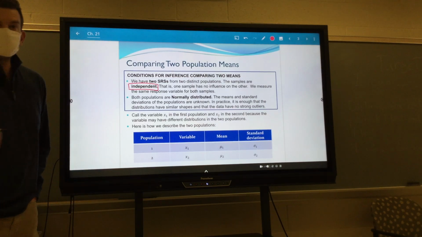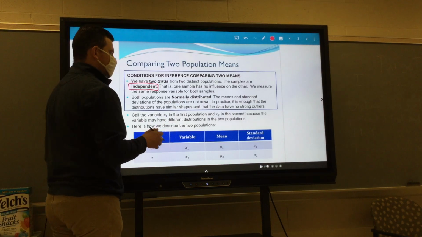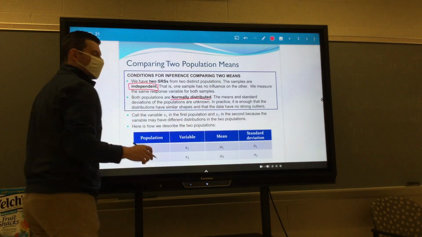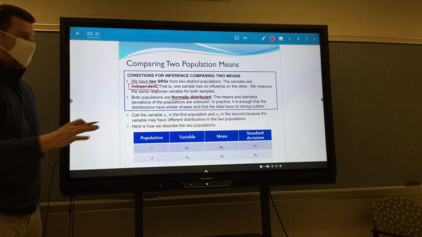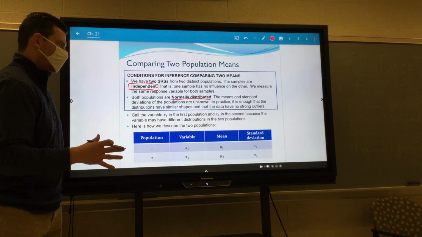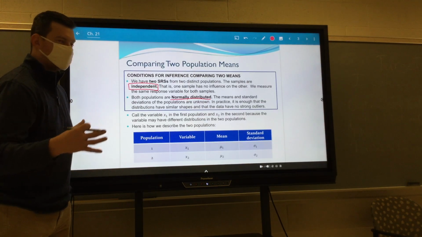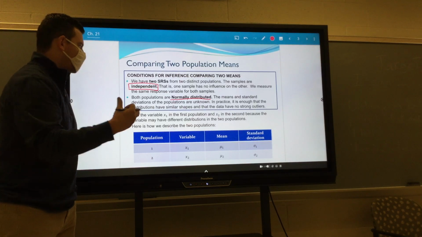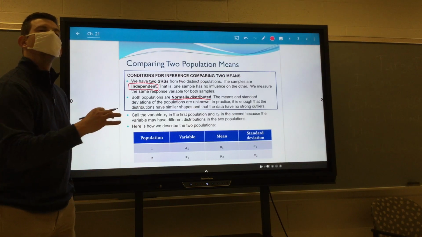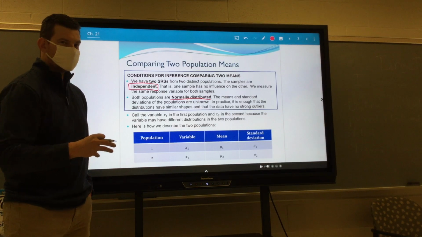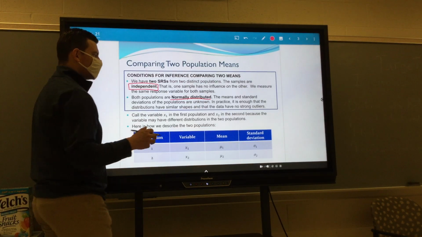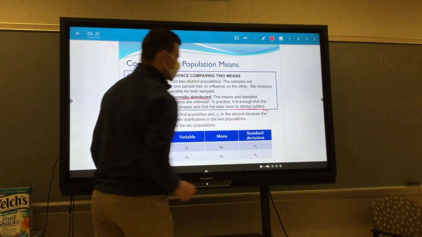Now again, just like we saw with a single sample, the goal is that they are both normally distributed. However, because we don't know the mean and the standard deviation, in practice, it's okay if we have just a similar shape between the two, somewhat symmetric, and that we have no strong outliers.